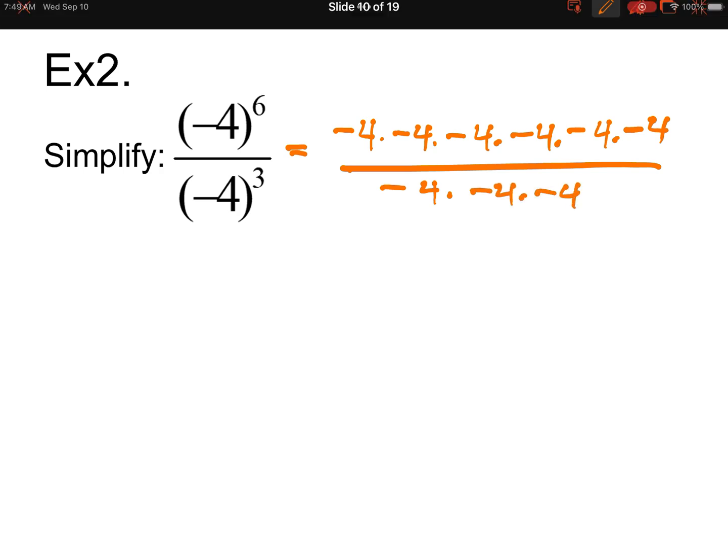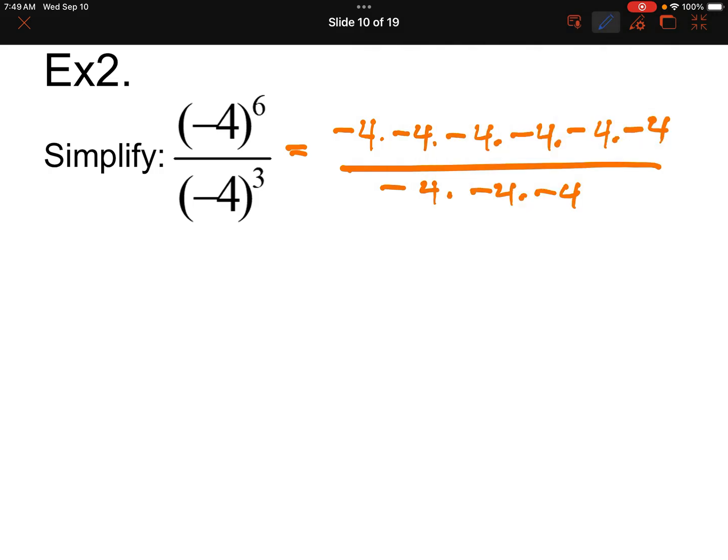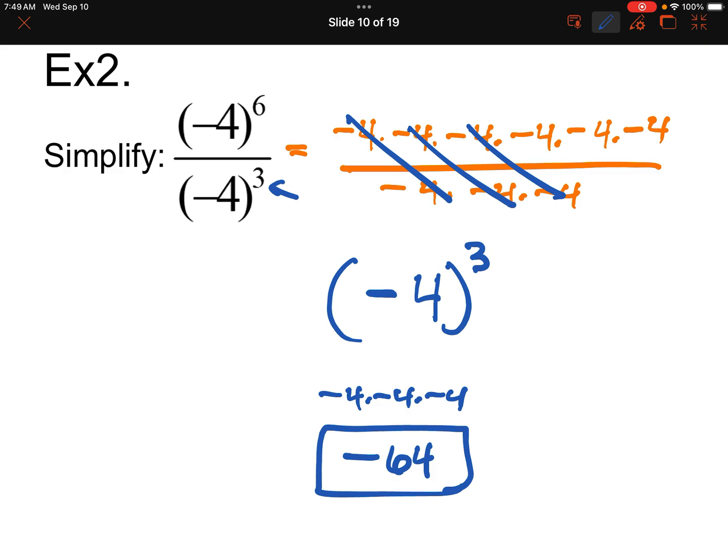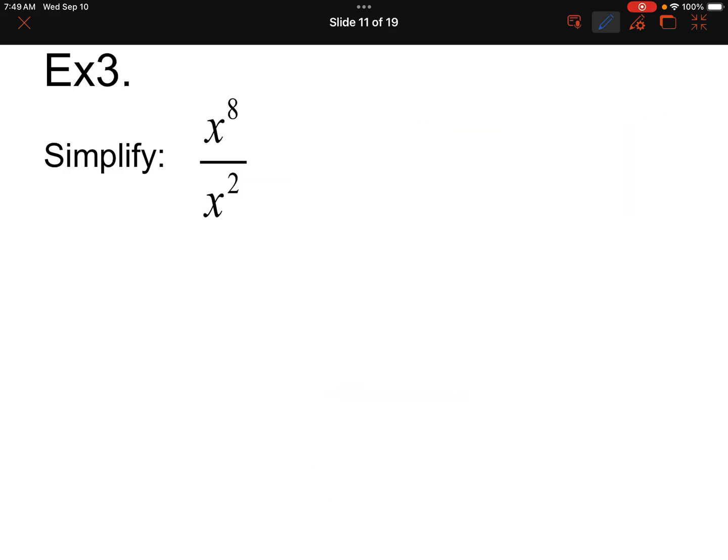And I could look to cancel anything out, and hopefully you're saying, well, yeah, some would cancel. In fact, however many are on the bottom is how many would cancel out. So my final would be negative 4 to the third power, which would be negative 64. Much easier to simplify by canceling than simply multiplying and dividing out there.